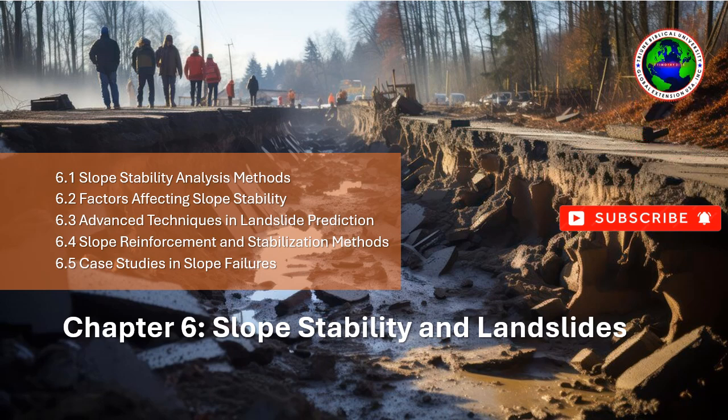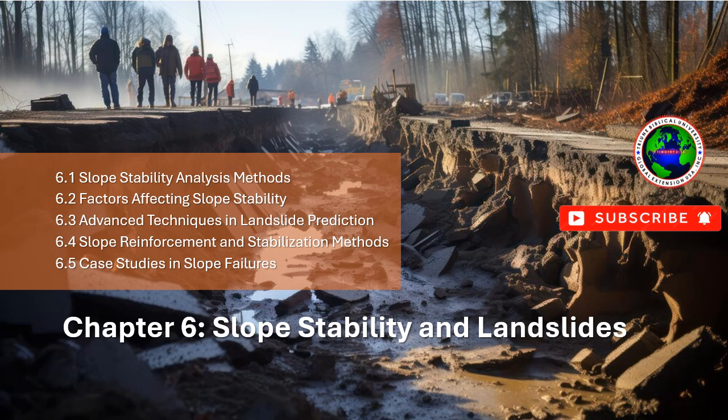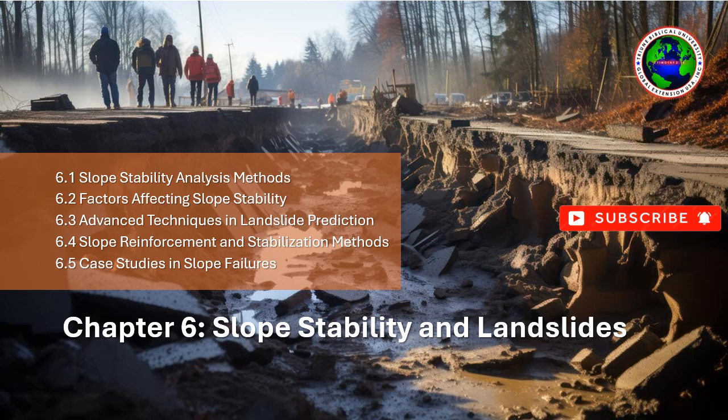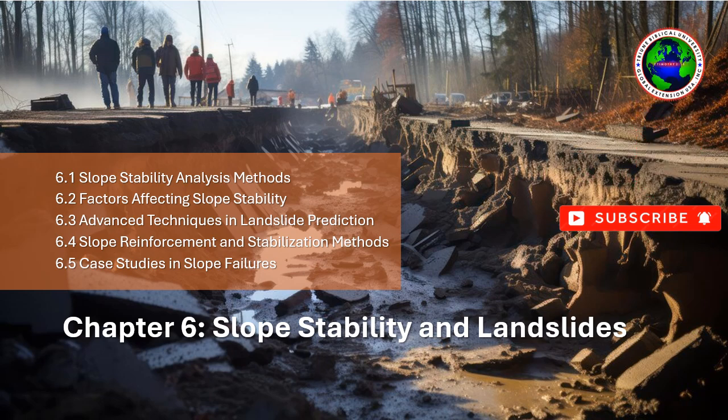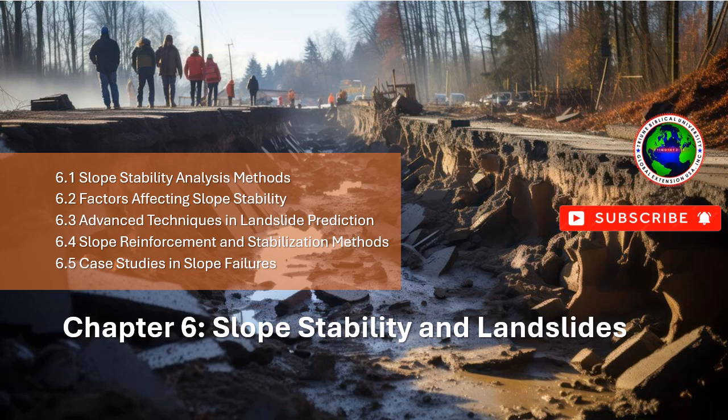6.4.2 Geogrids and geotextiles. Geogrids and geotextiles are synthetic materials used to reinforce slopes and improve their stability. These materials are often used to create a layered system that distributes the weight of the slope and improves its shear strength. Key types. Geogrids. These are plastic or polyester grids used to reinforce soil.